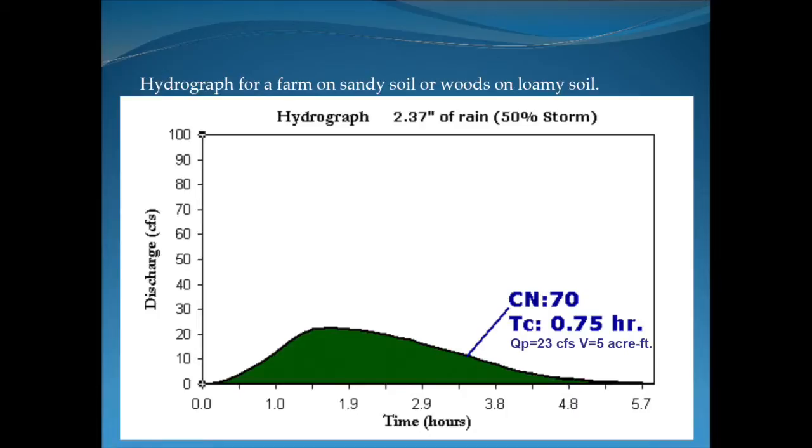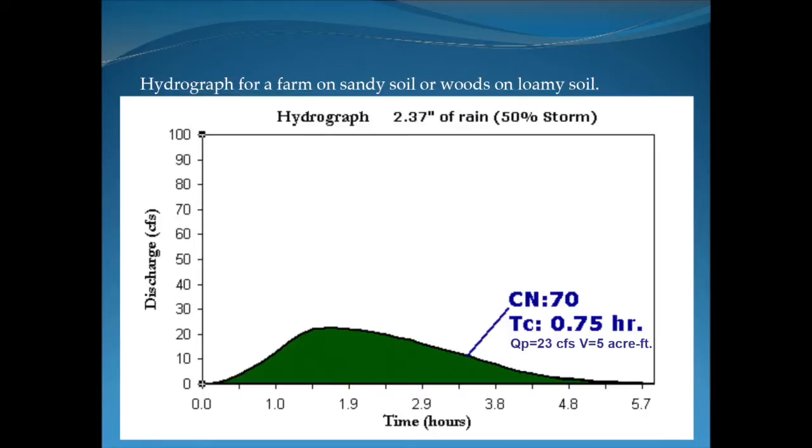If you think about it, take a farm on a sandy soil with woods, or even woods on loamy soil. The conditions would have been the same, with a 2.37 inch rainfall, which was the 2-year storm for this area, on, I believe it was 1 acre.